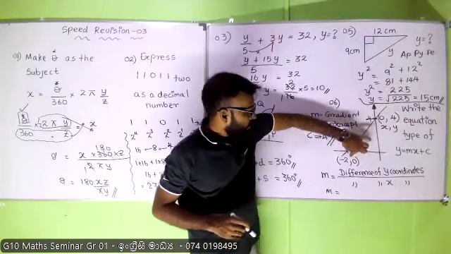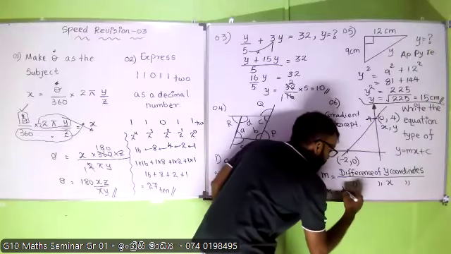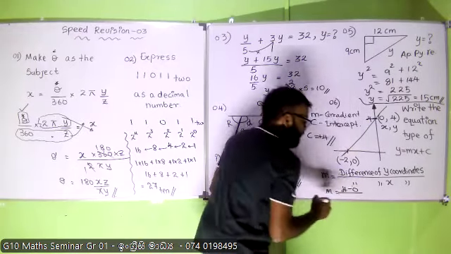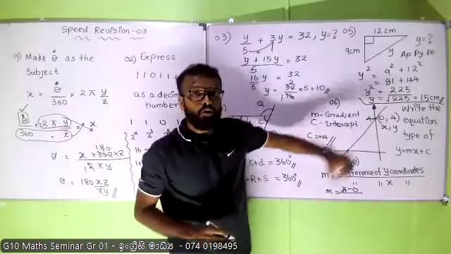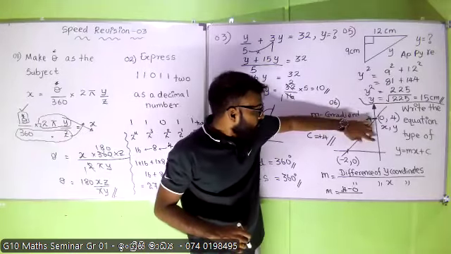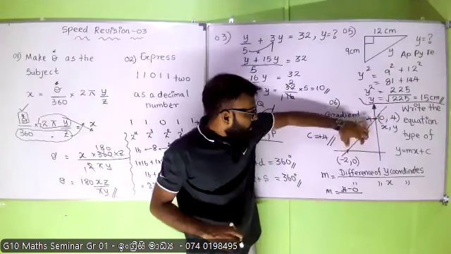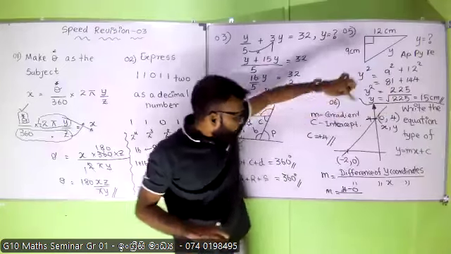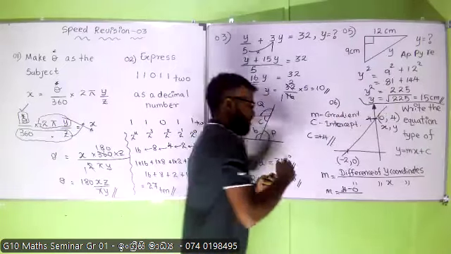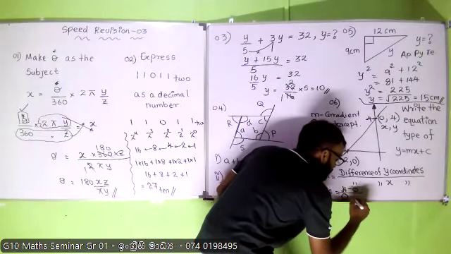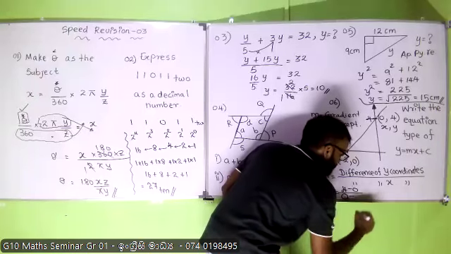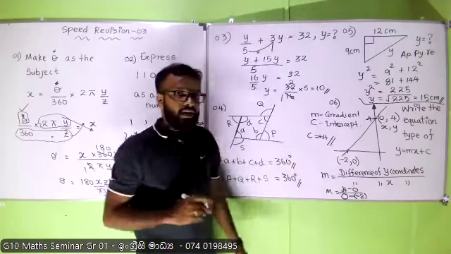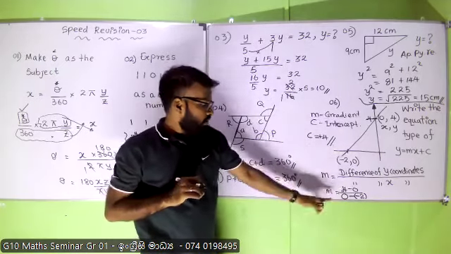4 minus 0. Divided by. That is the difference of y coordinates. X coordinate, 0 minus minus 2. You need to be very careful of that point.